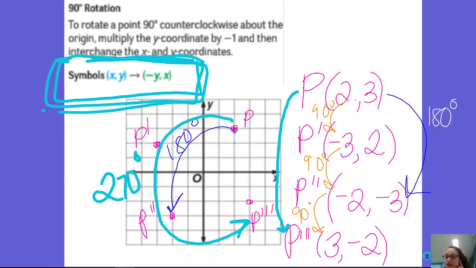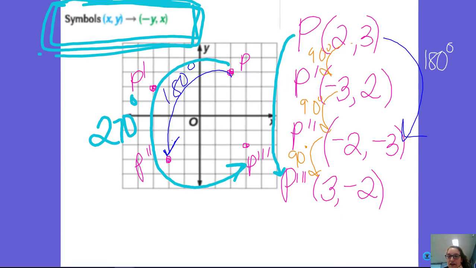And just to literally come full circle, let's take P triple prime and rotate it 90 degrees one more time. I'm going to take my y coordinate, change the sign, send it to the front to get 2, send the x coordinate to the back to get 3, and then, oh my gosh, I end up where I started.